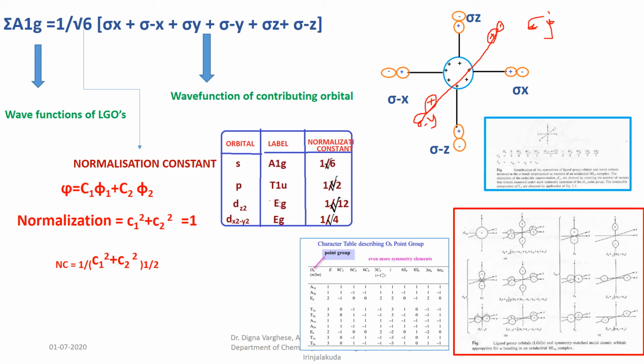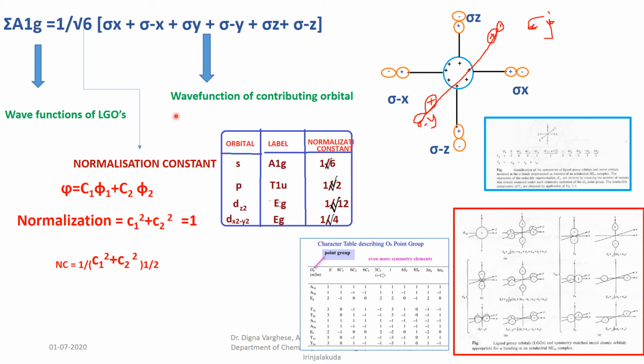We are considering sigma x, sigma y, sigma z here, that is the bonding along the positive side of the axis. Sigma minus x, sigma minus y and sigma minus z mean bonding overlap is positive but along the minus axis side.